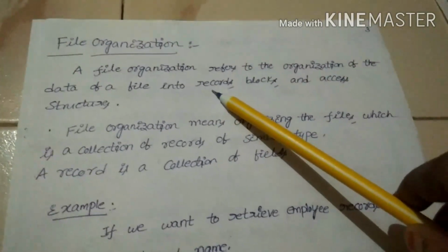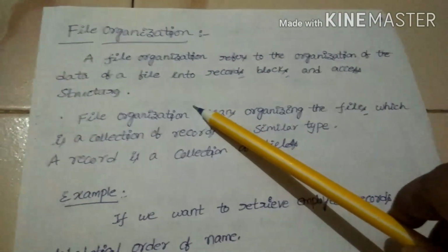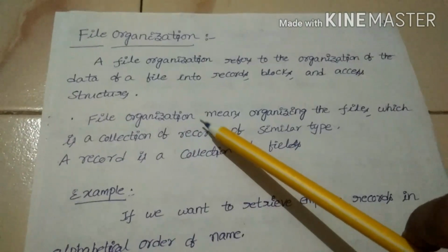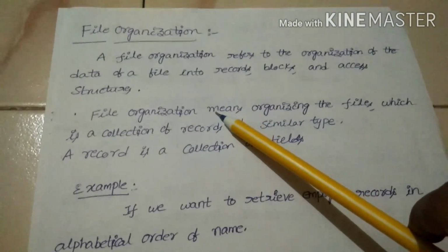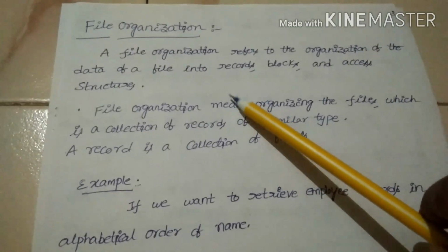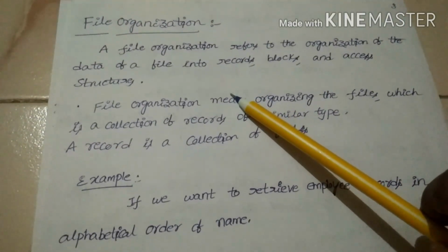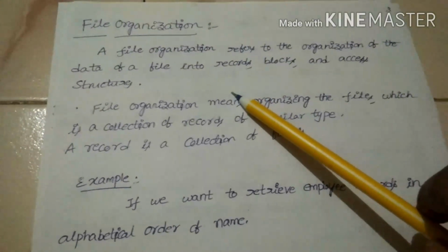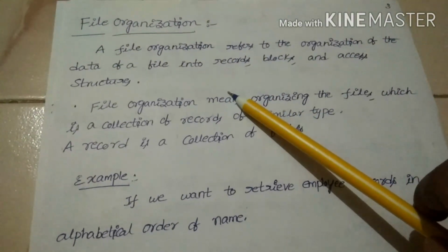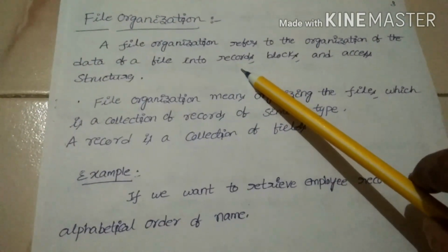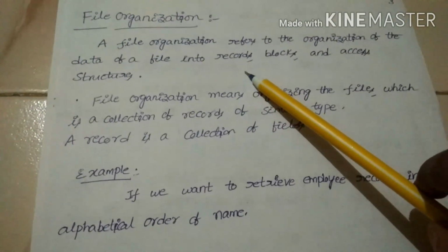A file is a collection of records of similar type. That is called file organization, and it means organizing the files. A record is a collection of fields.